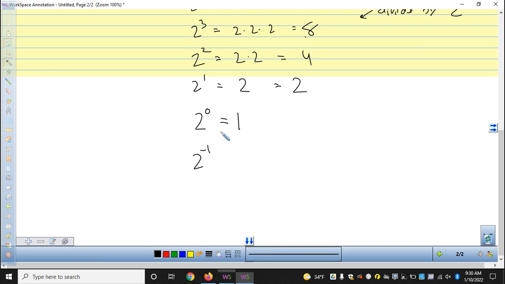We're going down in exponents each time. Well, what happens if I continue the pattern, divide by 2? What do I get when I divide 1 by 2? I get 1/2. 2 to the negative 2, if I divide 1/2 by 2, half of a half is 1/4.